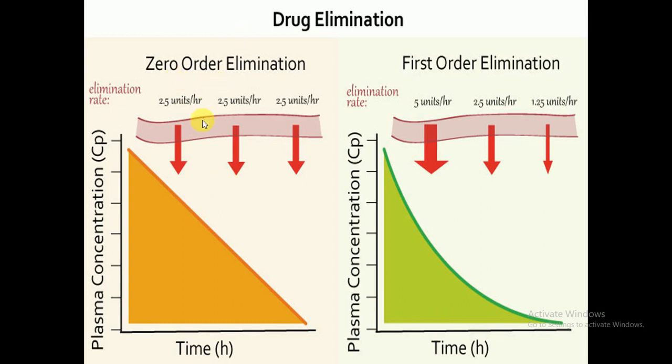So in zero order elimination, let us consider, if we administer a drug to a patient at 2.5 units per hour, then after the first half-life the concentration of the drug remains the same, 2.5 units per hour. And then after the second half-life, the concentration of the drug will be 2.5 units per hour.